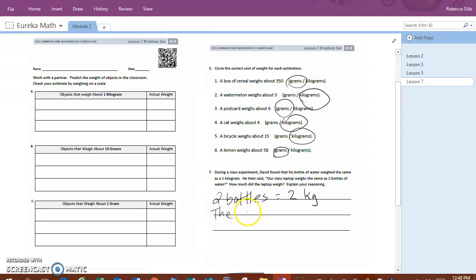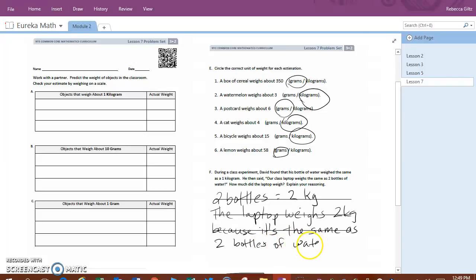So I'm going to write the laptop weighs 2 kilograms because it's the same as 2 bottles of water.